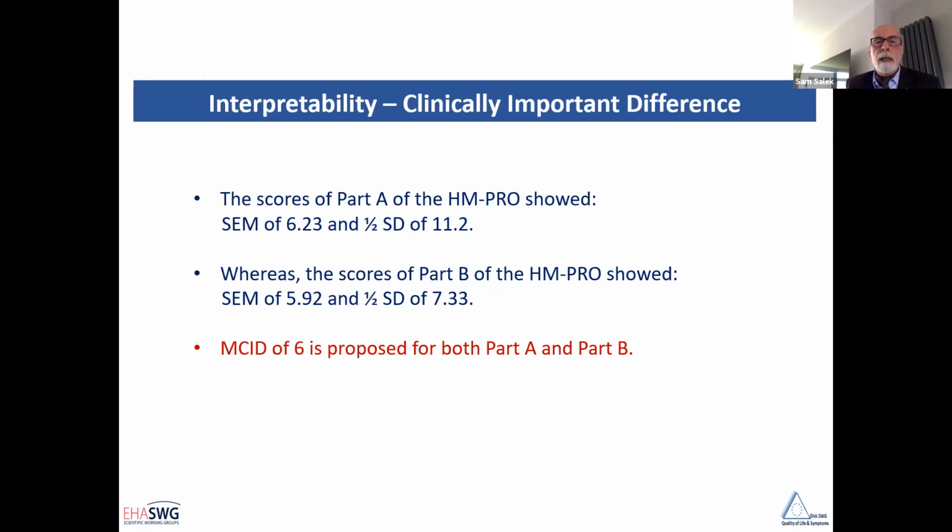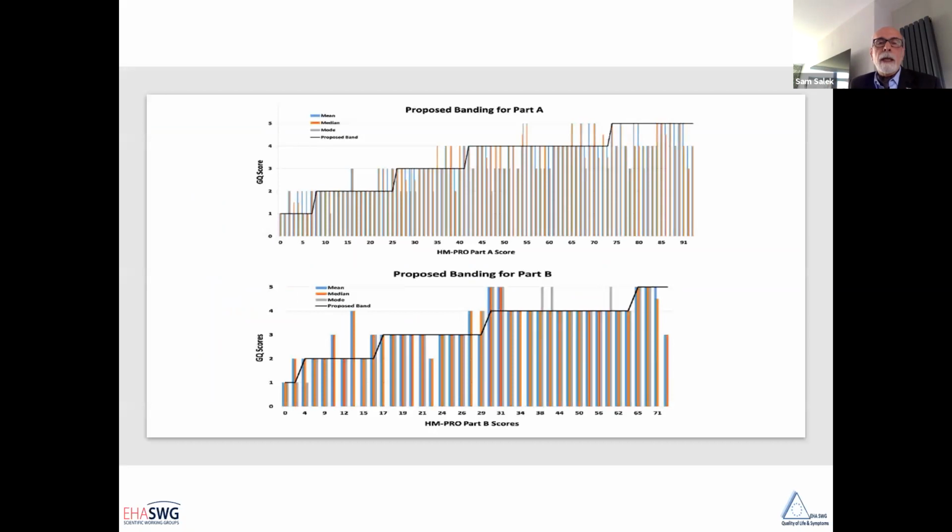Next slide, please. But in terms of the banding, which is an interpretation or finding the meaningfulness of the scores in a routine, busy day-to-day clinic where the patients are being assessed, it's a technique that is used predominantly for that purpose.